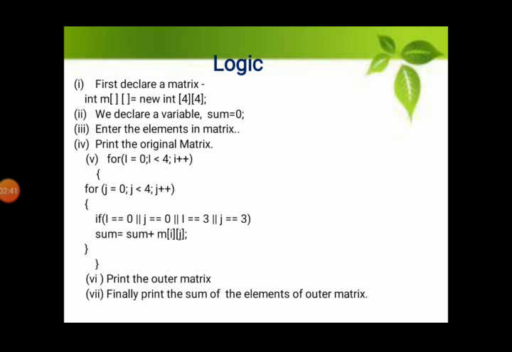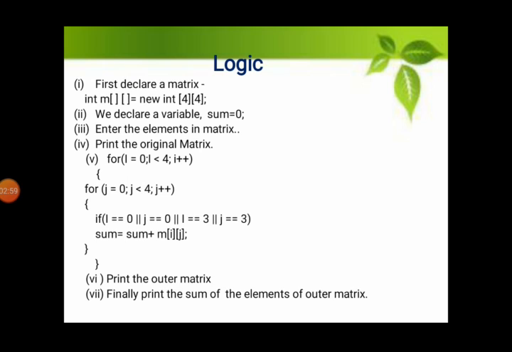Now take a condition. If the element lies in the first row and first column, and also in the last row and last column, it means these are the boundary elements.